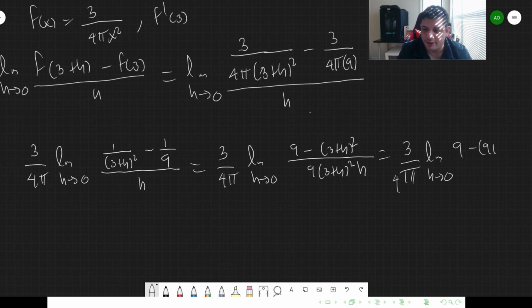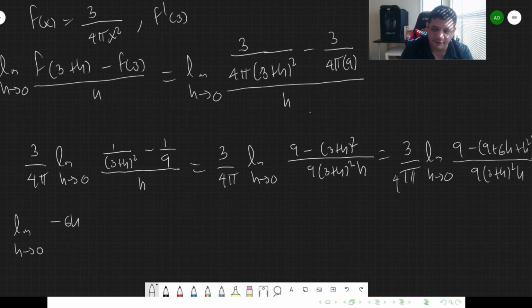So this is 9 plus 2 times the first by the second, 6h, plus h squared. So you can see that the 9 is going to get canceled, and I'm going to get minus 6h minus h squared on the top, and on the bottom 9 times (3 plus h) squared times h.